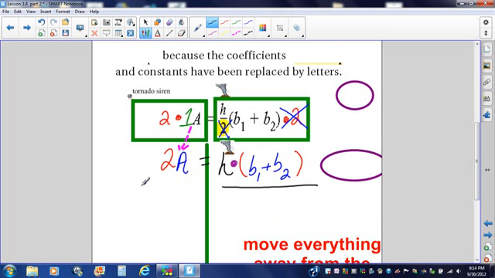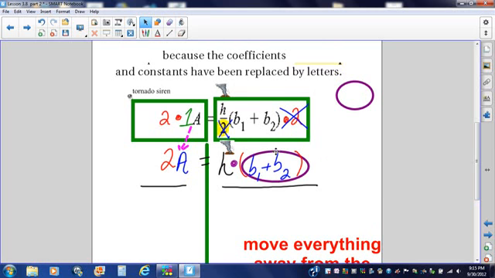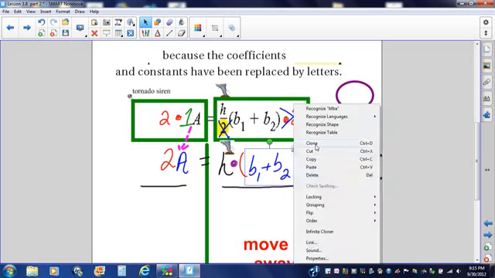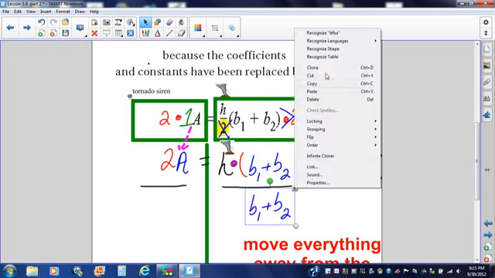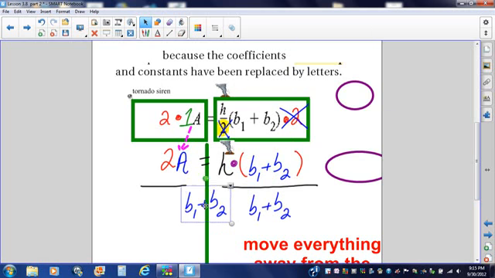Whatever you write on one side, you're going to write on the other. Now I'm going to need to move the b1 and the b2 away from the tornado, so I'm going to write b1 and b2 underneath. Why? Because that's the opposite of multiplication. Whatever I do to one side, I'm going to do to the other. So I'm going to write it over here.